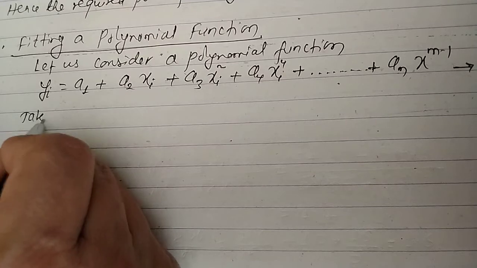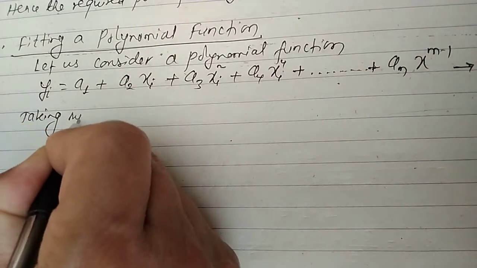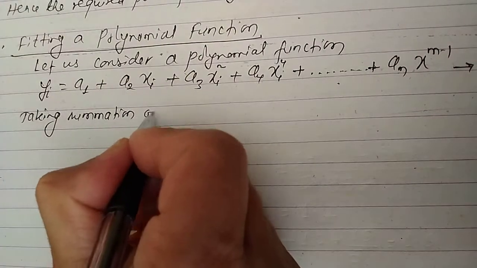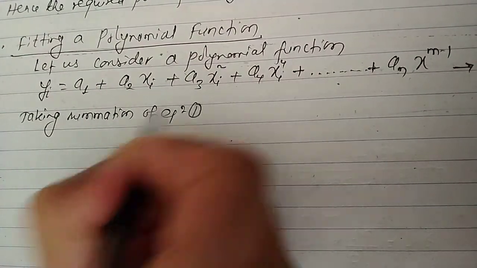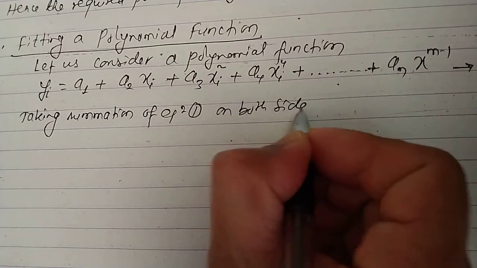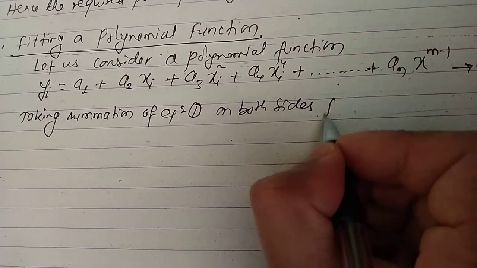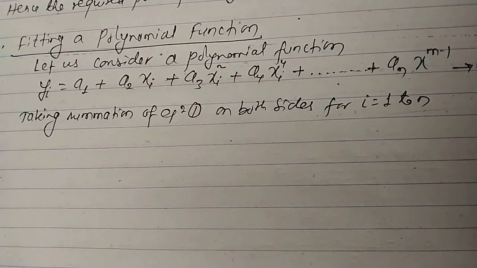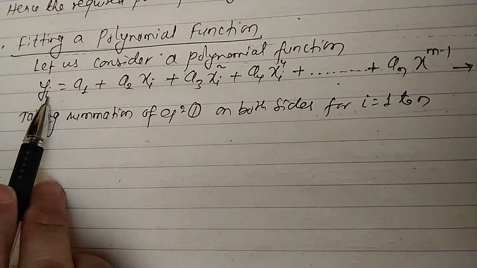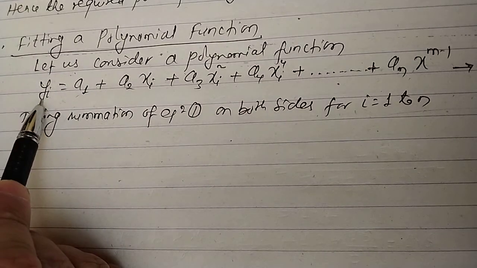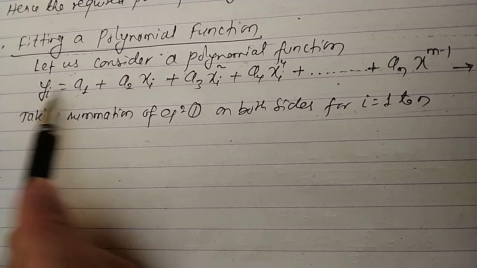Taking summation of equation 1 on both sides for i equals 1 to n. So let us take the sum on both sides. This will be sum of yi, so we'll keep this at the end.